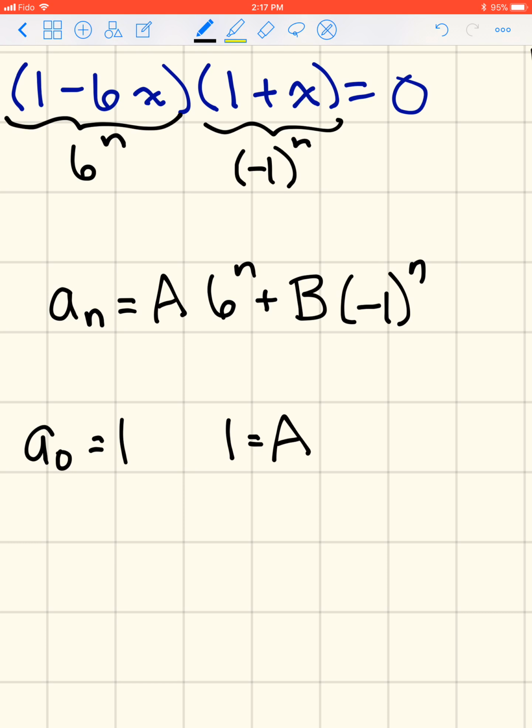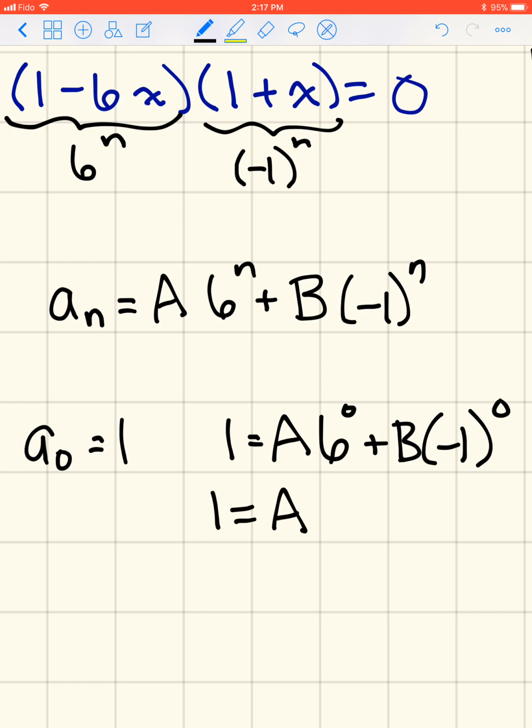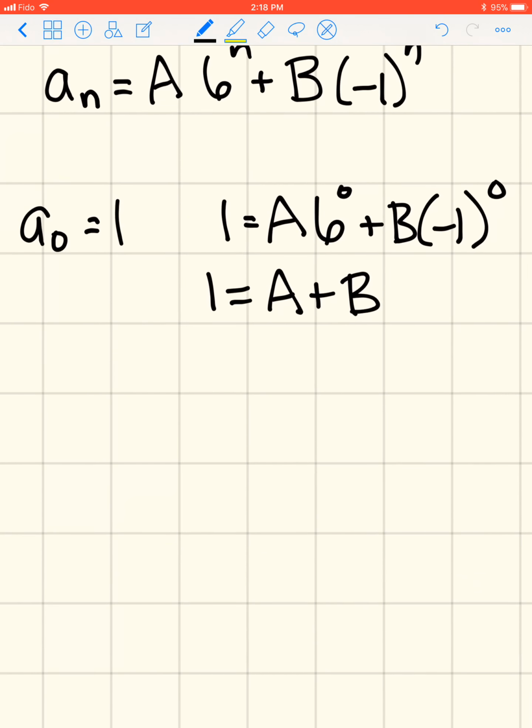And now, here's a common mistake. It's 6 to the power of n, but n is not the value, it's the subscript. So it's 0 here. So that's the same as saying that 6 to the 0 is 1, so it's just A, and negative 1 to the 0 is also 1.